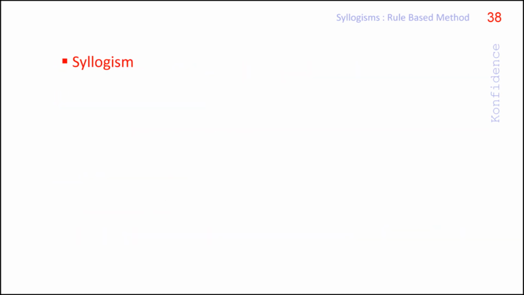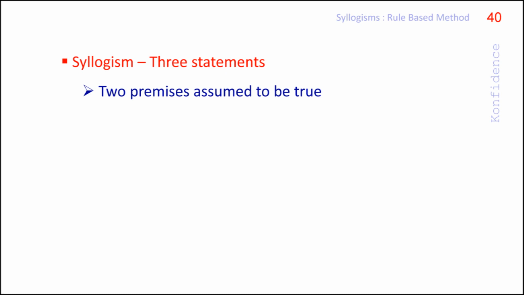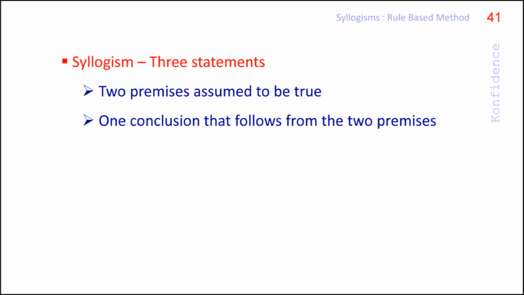A typical syllogism will have three statements, two premises which we assume to be true, and one conclusion that follows from the two premises. Keep in mind that the relationships given in the premises need not necessarily conform to our real world experience.